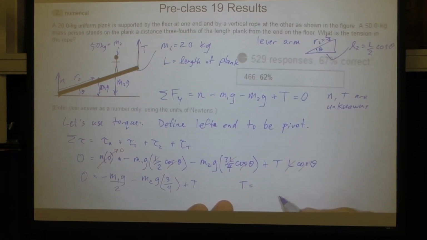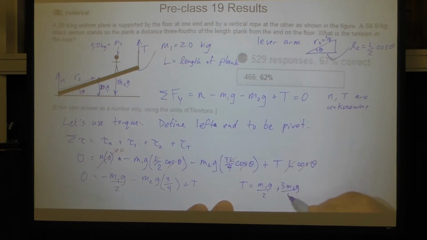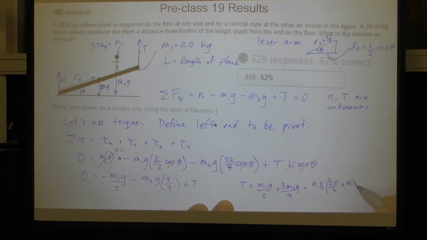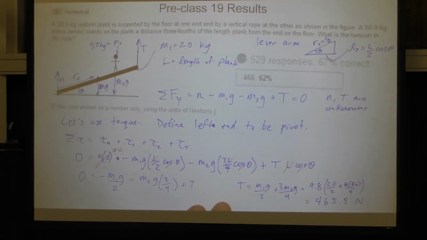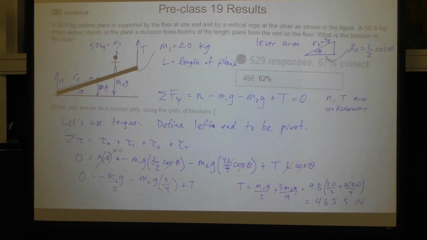So the tension just equals m1g over 2 plus 3m2g over 4. So it's equal to 9.8 times 20 over 2 plus 3 times 50 divided by 4. So I got 465.5 newtons. And that was correct. But you can round it to 466. Okay.